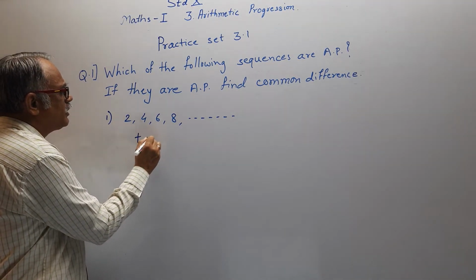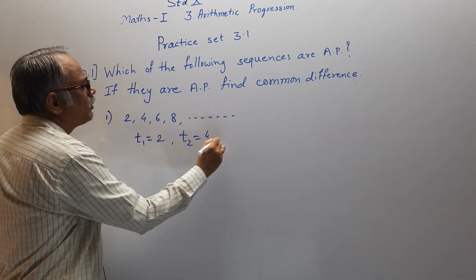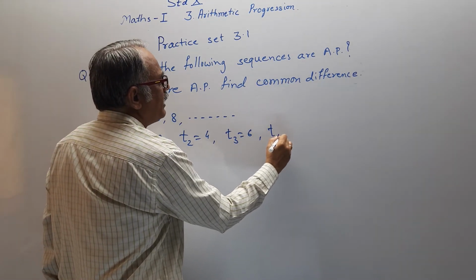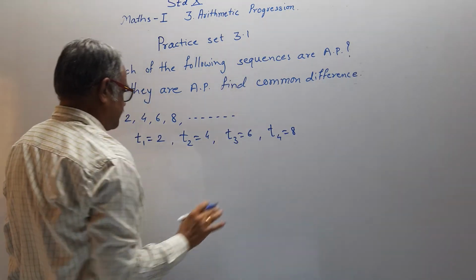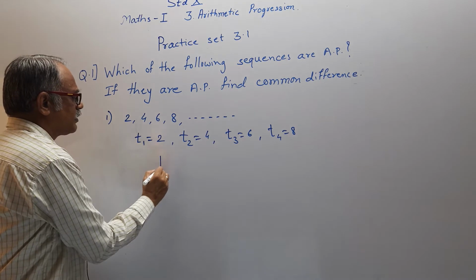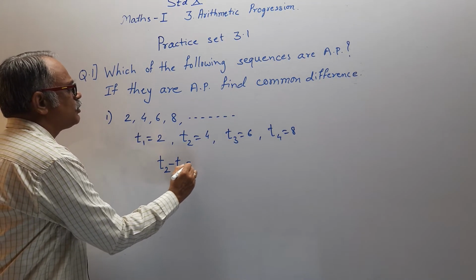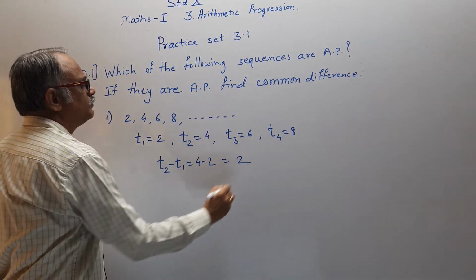What is T1? 2. What is T2? 4. What is T3? 6. What is T4? 8. And many others in that sequence, in that order. So whatever is possible, find out. Difference, next minus previous. T2 minus T1 equals 4 minus 2 equals 2.